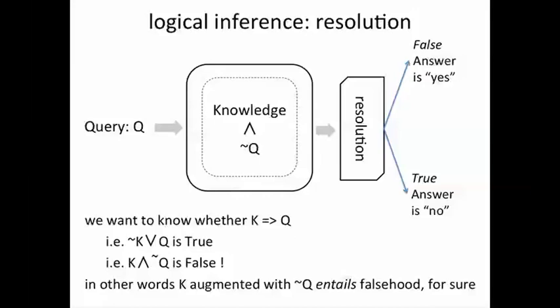All we need to do is take our query, even if it contains variables, negate it, that means state its opposite, add it to our bunch of knowledge, crank it through some mechanical process of resolution and unification, however difficult that may be, and see whether the answer comes out false or true, and then we have the answer to our query, along with any variable assignments which would make sure that we get the right answer.